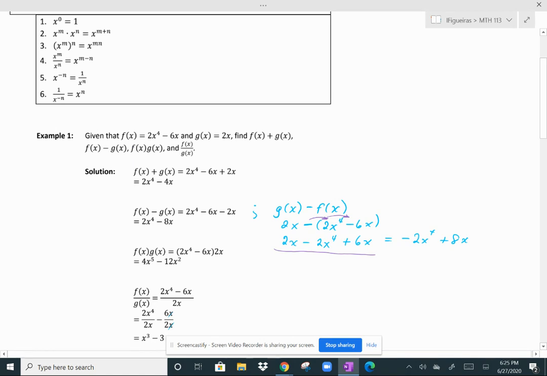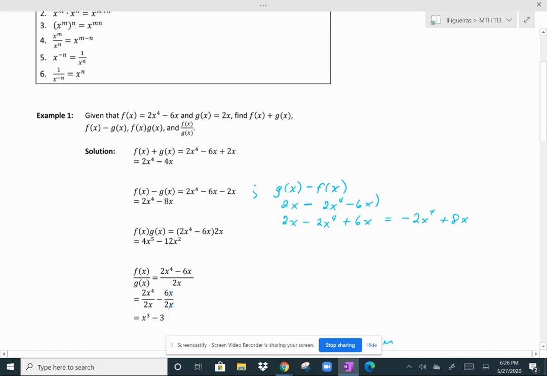And then you would follow the same rule that you did in the previous 2 examples, which is combine the like terms 2x and 6x, and the negative 2x to the 4th does not change. So you get that answer on the right, negative 2x to the 4th plus 8x as your final answer.